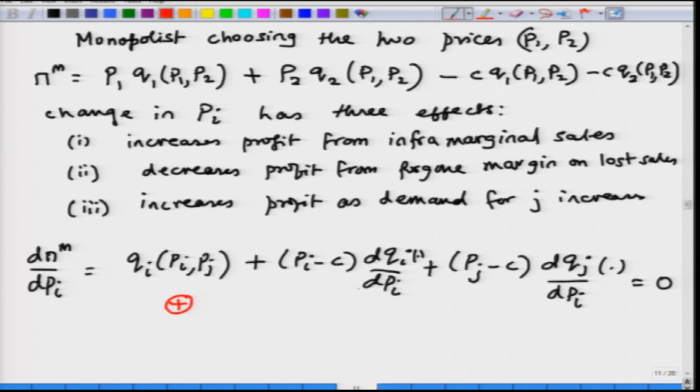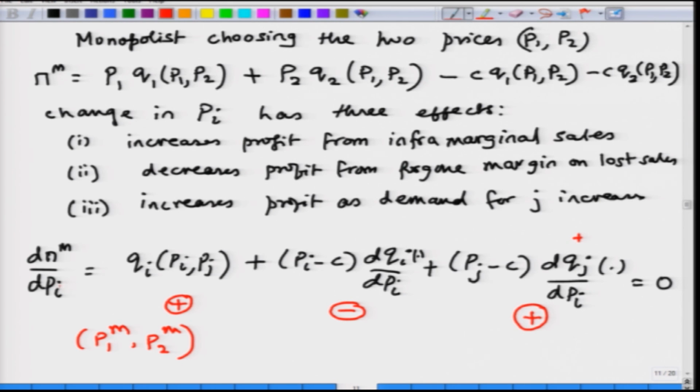This expression is negative, which makes the whole expression negative, and since dQj/dPi is positive, this entire expression is positive, right. So, I have one negative term and two positive terms, and I can write down the two first order conditions, one with respect to P1 and one with respect to P2, right. So, there will be a solution P1m, P2m, which will satisfy the two first order conditions.